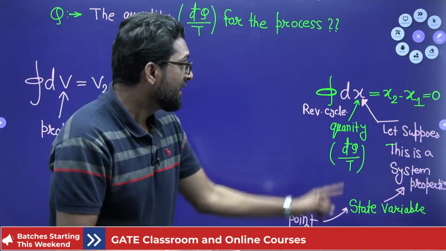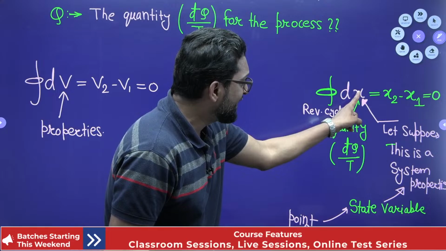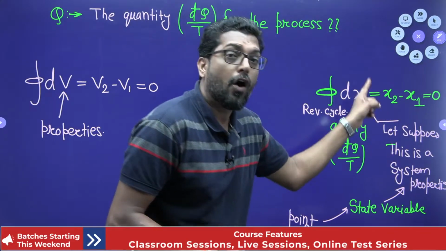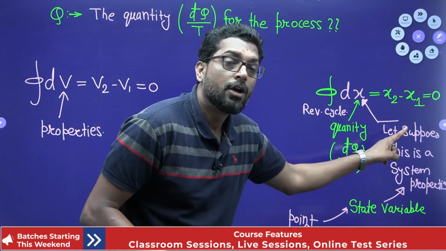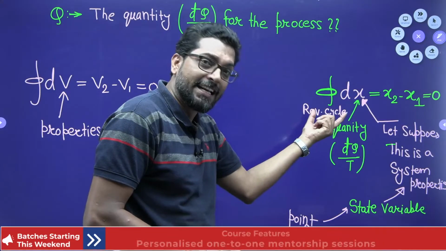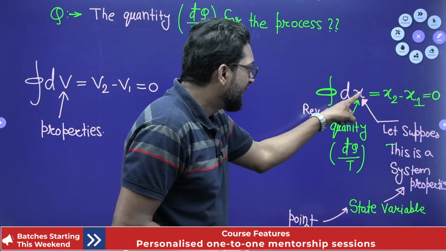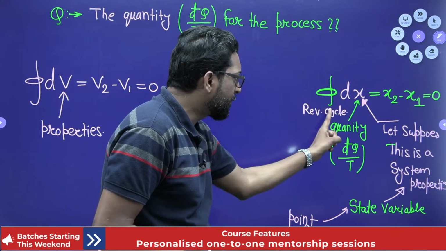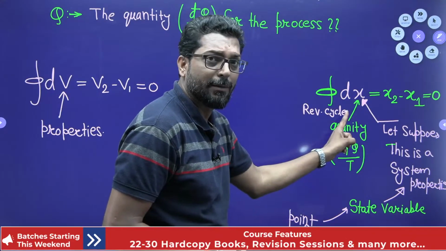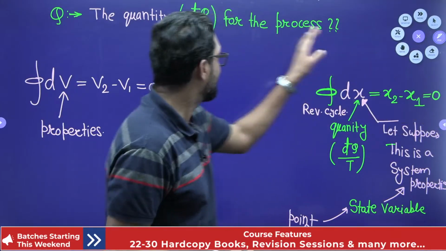That means whether this quantity x is a system property or not will depend upon the cycle.